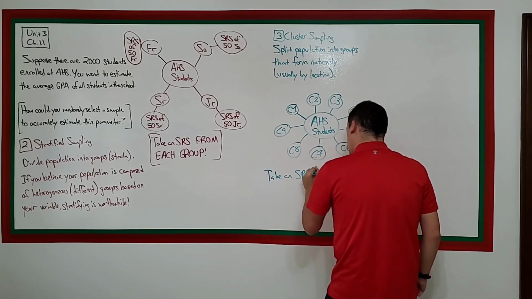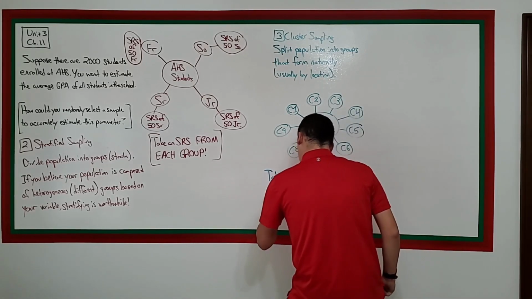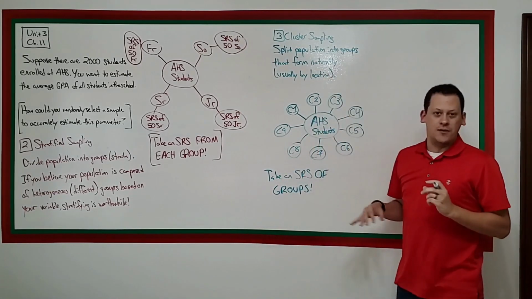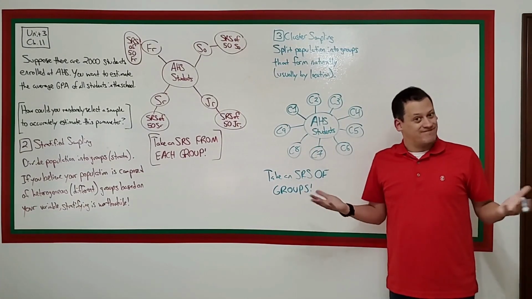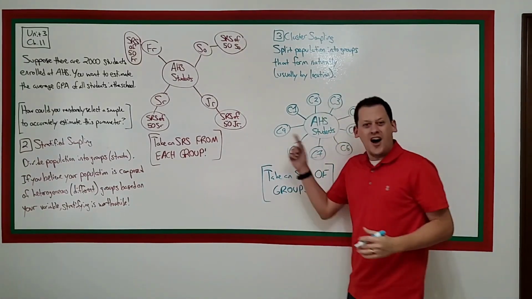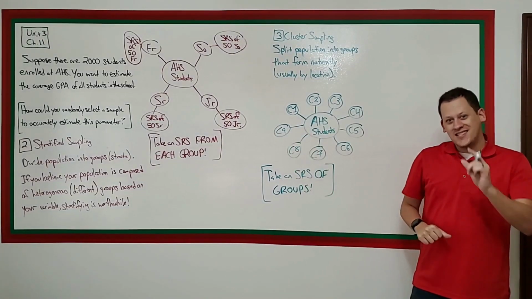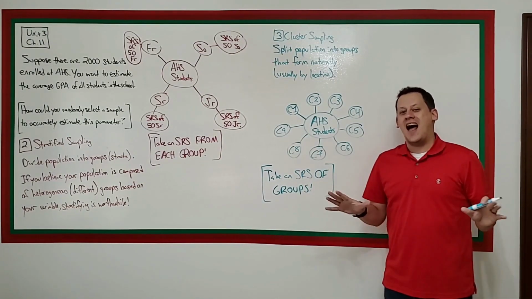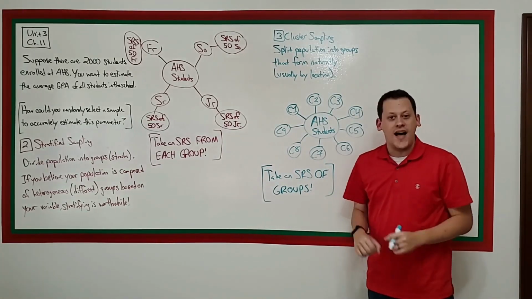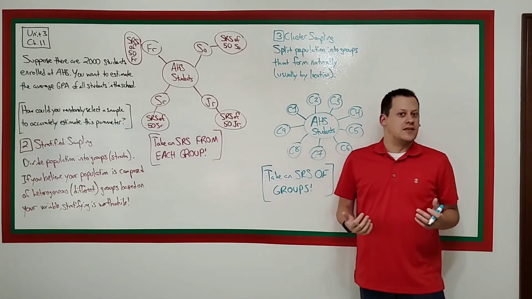Of groups. And the groups in cluster sampling are typically called clusters. But here we're going to take an SRS of the groups, of the classrooms. This allows us to sample without having the sampling frame because we can physically just go to a classroom and look at the students in there.